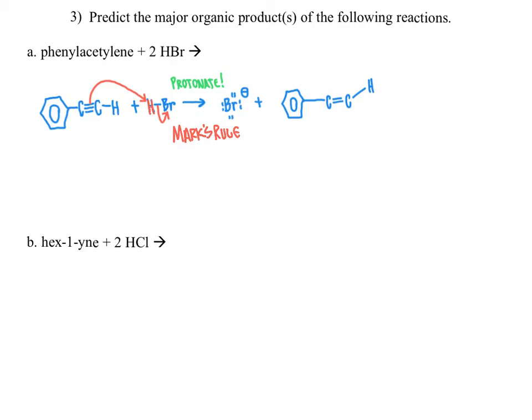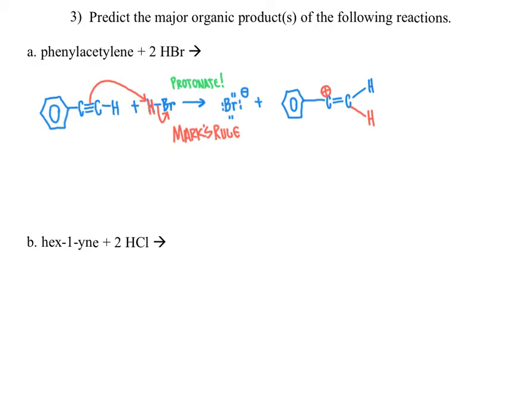So that new proton in red here on the left is going to go right here because Mark's rule says that you place the proton that is newly added onto the less alkyl substituted carbon, or in other words, the carbon that has more hydrogens directly bonded to it. So it's going to go right here. And that is going to result in placement of a positive formal charge over here.